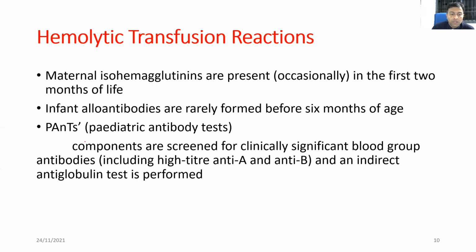And also, due to the probable involvement of what is known as PANTs, or pediatric antibody tests, that regularly happen, which almost eliminates the hemolytic transfusion reaction. Components are screened for clinically significant blood group antibodies, including the high titer anti-A and anti-B, and an indirect test is performed, which is called the PANTs or the pediatric antibody tests.